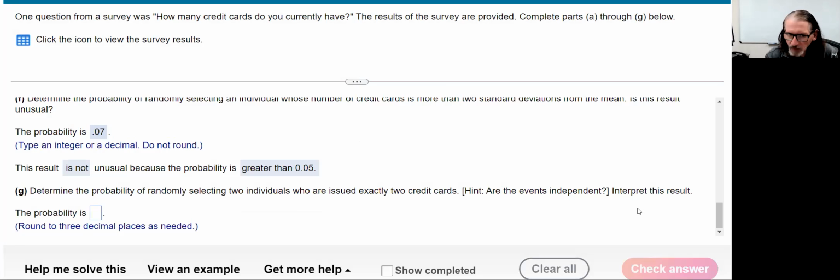And what else is there? It's the probability of selecting two individuals who are issued exactly two credit cards. Are the events independent? Interpret the results. Interesting.